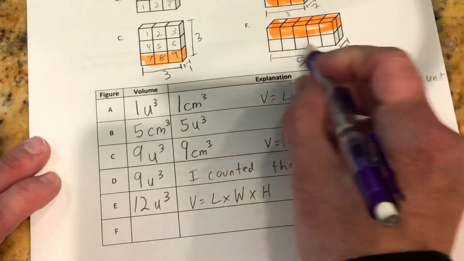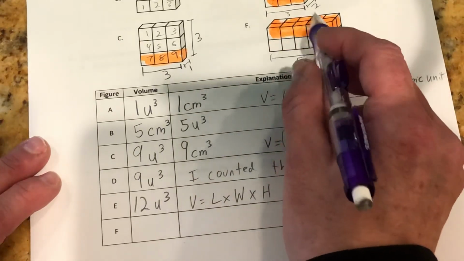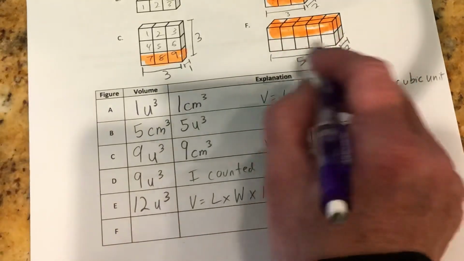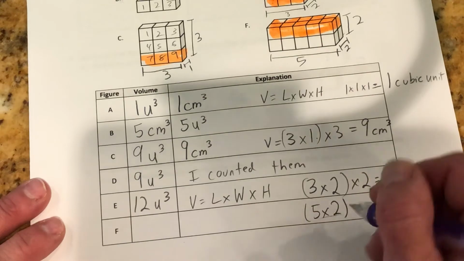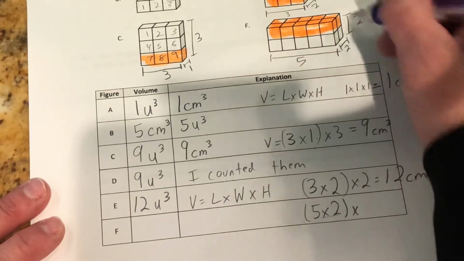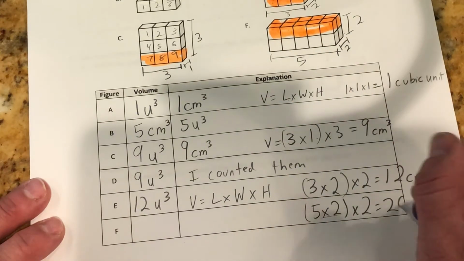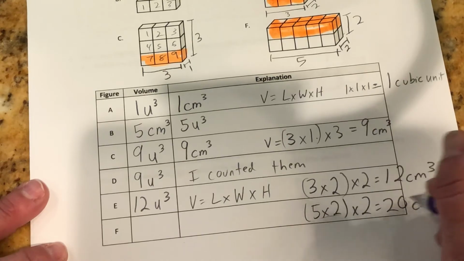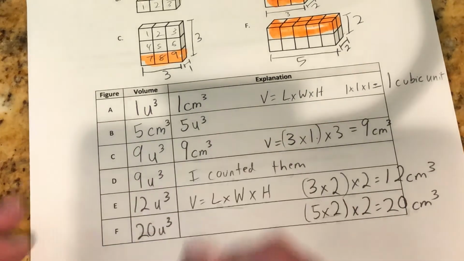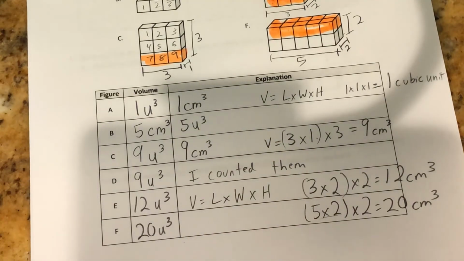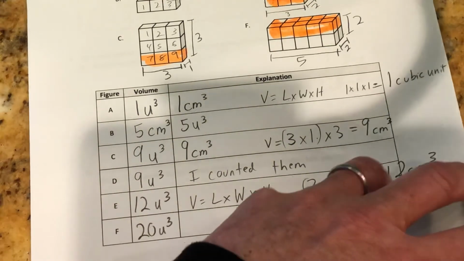So that'd be 10 cubes on the bottom. 1, 2, 3, 4, 5, 6, 7, 8, 9, 10. So there's 10 cubes on the top and 10 cubes on the bottom. So that means there's 2 layers. So this would be 10 cubes, and then the height is 2 layers. So it'd be 20 cubic centimeters, because they're each centimeters, or 20 units cubed, because there's just cubes there. And again, you could have just counted them. So that's page 1 of the problem set.